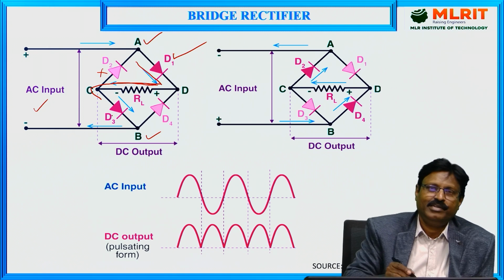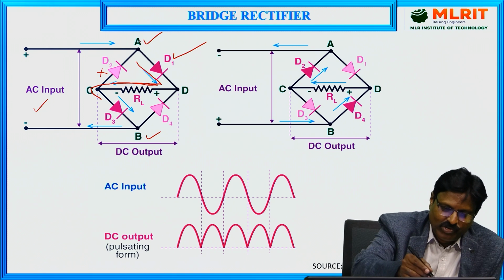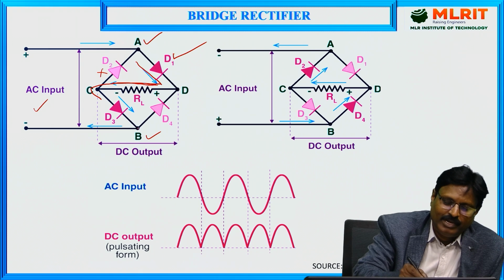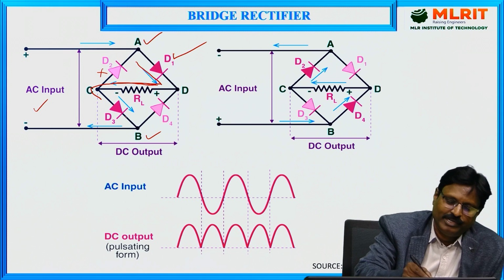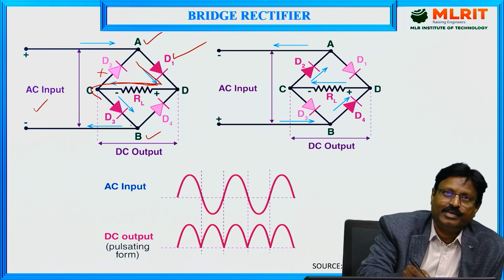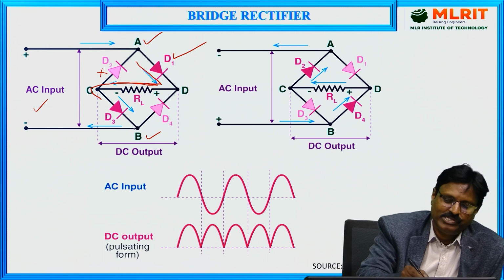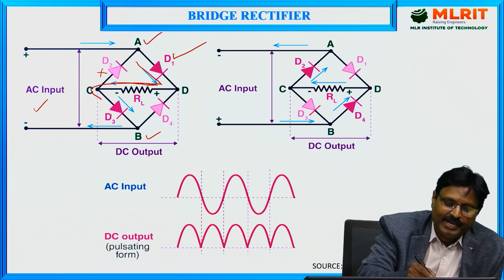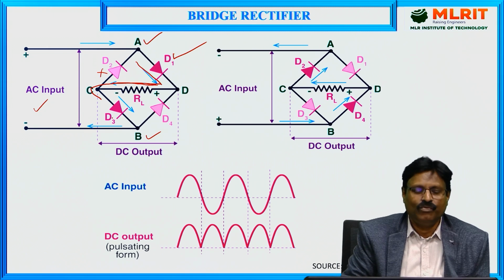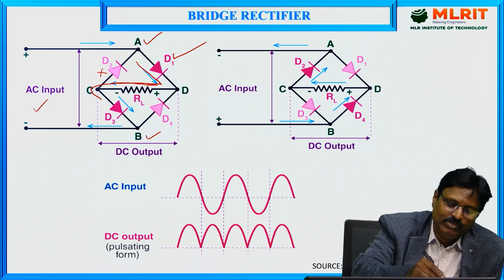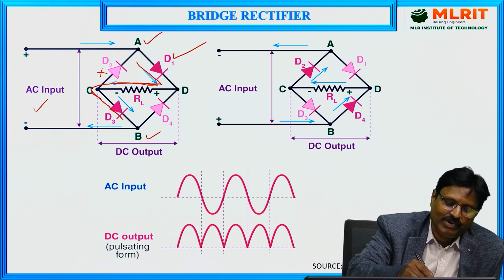As I already said, during the positive half cycle, A is more positive when compared with B. B is at lower potential and is connected to the cathode of diode D3. Whenever the cathode is at lower potential, this D3 is also forward biased. So the current will flow through this diode D3, which is forward biased.